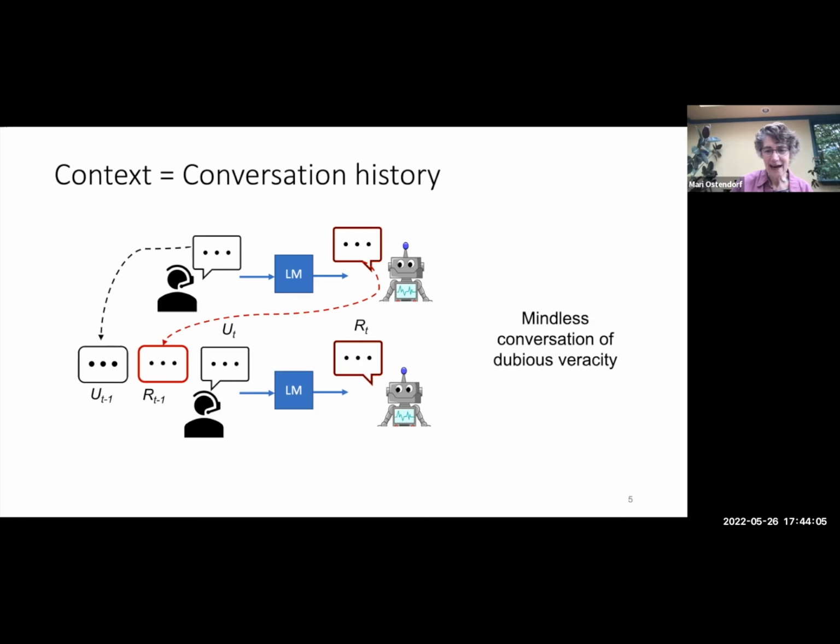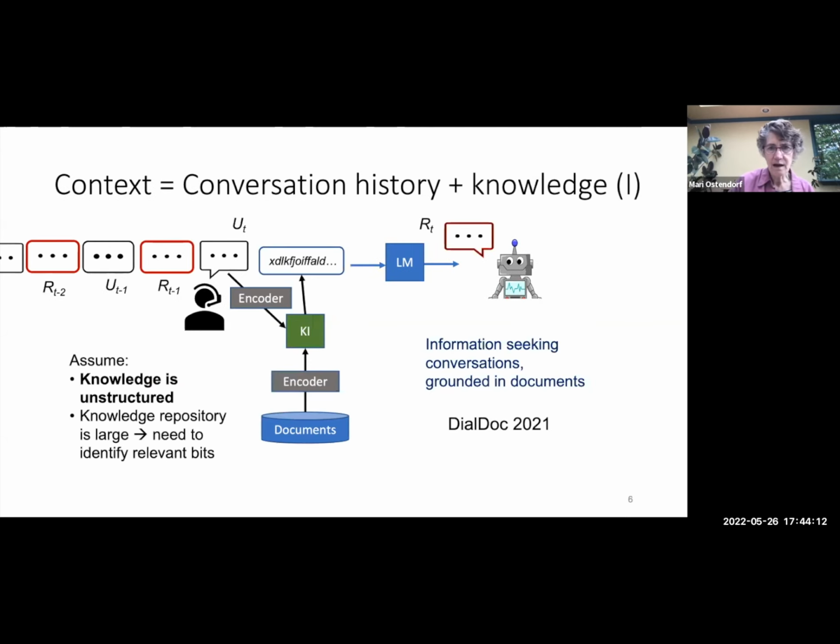But if you actually want to have a more meaningful and useful conversation, it's great to have grounding. And, speaking to the choir here, this is really important. One of the frameworks for grounded knowledge is unstructured grounded knowledge, where you have a whole bunch of documents.